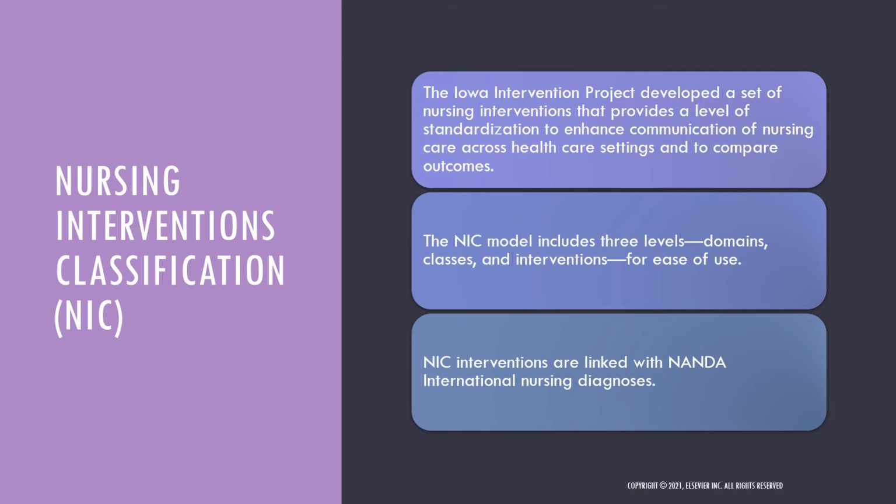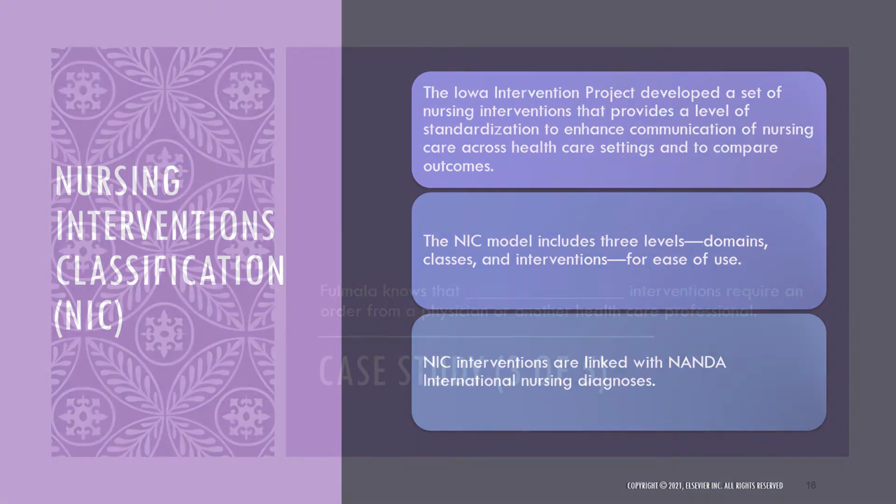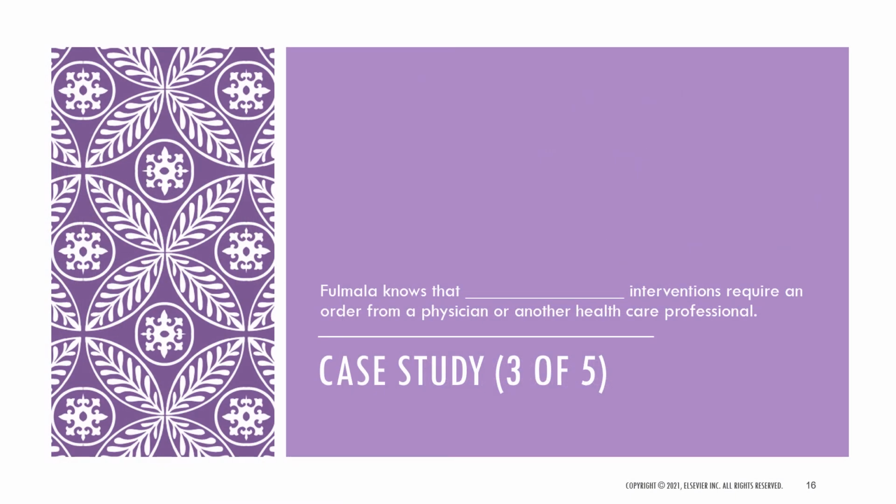The 7 domains are the highest level of the model, and broad terms are used to organize the more specific classes and interventions. So, Fumal knows that what type of interventions require an order from a physician or another healthcare professional?